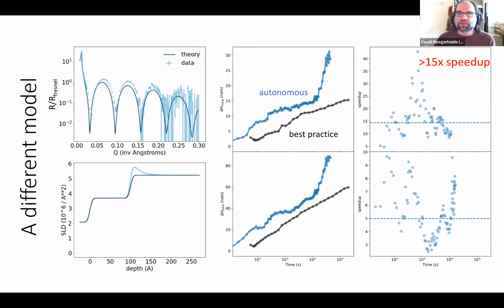I just ran it through the simulator, and the autonomous measurement does over an order of magnitude better in terms of time. And the reason for this turns out to be that all the information that you want is concentrated in a fairly narrow region at low Q here. So all the time you would spend out here at high Q is basically wasted. For this, you should focus on the low Q measurements. And the model just picks this up. The simulation just finds this automatically, and you're off to the races.